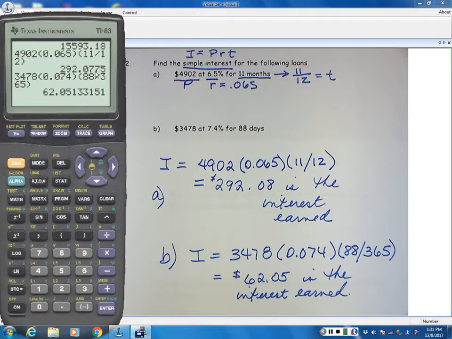It has to be .065. Oh, six. Yeah, that's why your decimal was off. Remember that when you're putting in your interest rate, you have to move the decimal 2 places to the left. So that means you're going to need to insert a 0 in front of that number. Okay?